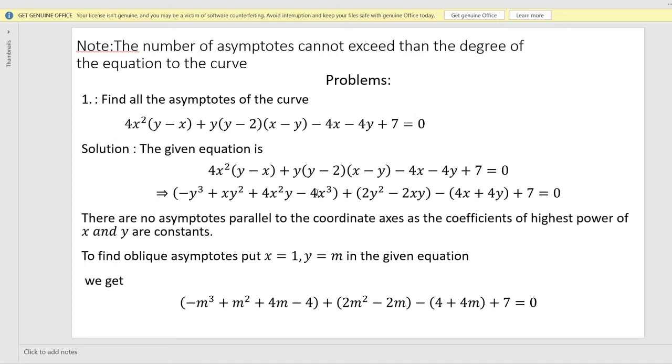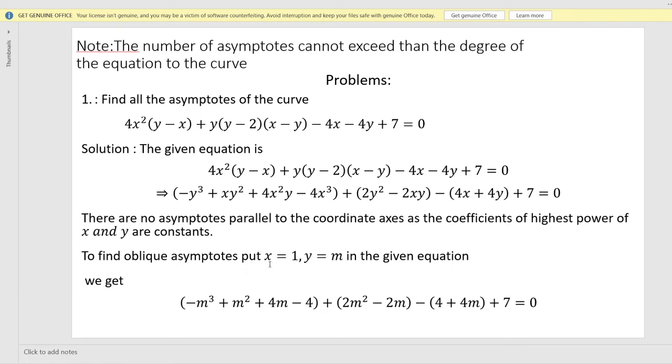In the same way, parallel to the y-axis also, the coefficient of y cube is a constant. So for both, the coefficients are constant, therefore there are no asymptotes parallel to the x and y coordinate axes. Next we move on to find the oblique asymptotes.